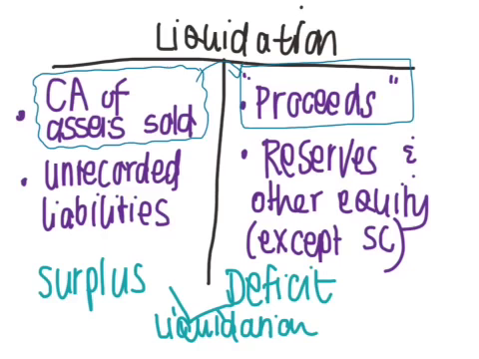The following phase is to record any unrecorded liabilities. Now the settlement of the liabilities will be dealt with in the cash account or the statement of cash payments and receipts of the liquidator.